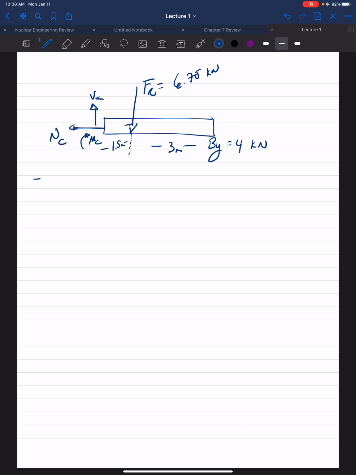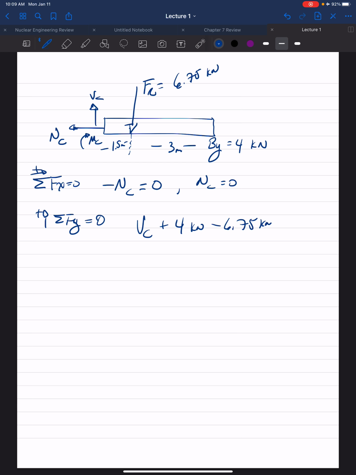So now, using our equations of equilibrium, sum of our forces in the x direction, N sub C equals 0. Sum of our forces in the y direction, you have V sub C plus the 4 kilonewton force minus 6.75 kilonewtons. V sub C is 2.75 kilonewtons.